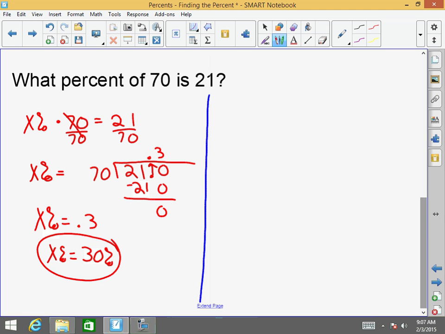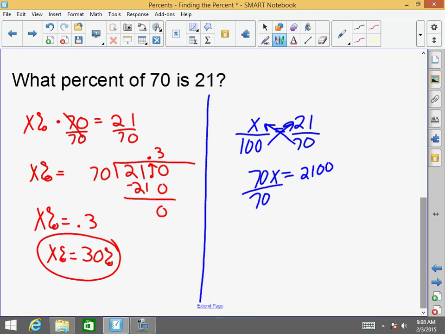No worries. What percent, X over 100 equals is over of? Cross multiply. 70x equals 2100. Divide by 70. X equals 70 goes into 2100.